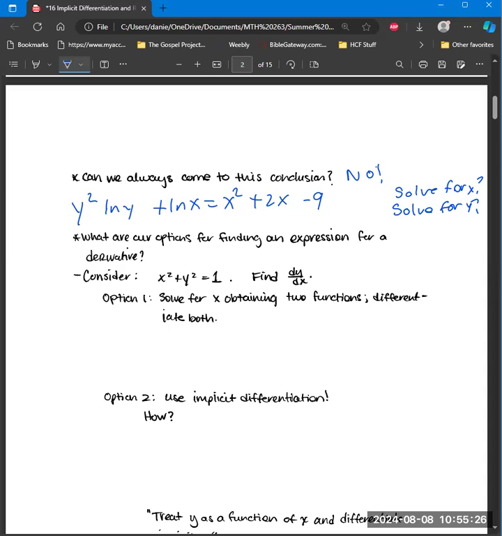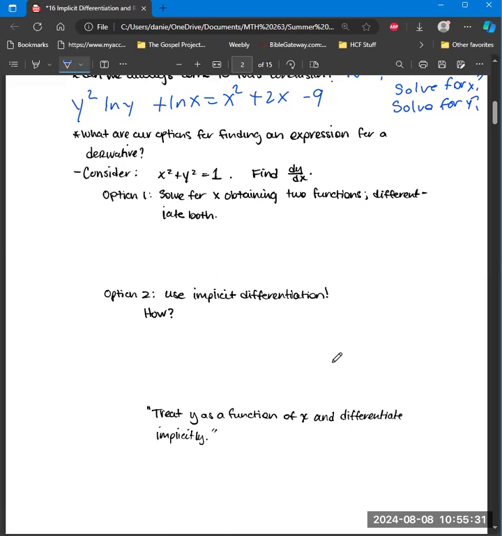So let's use those explicit functions that we just found for the unit circle. Y equals square root of 1 minus x squared. Let's take the derivative of this by using our power rule with our chain rule. So 1 minus x squared to the 1/2 power.